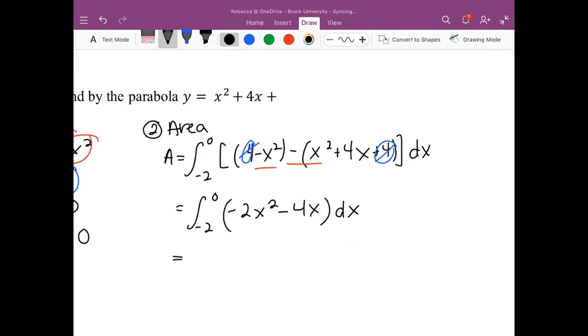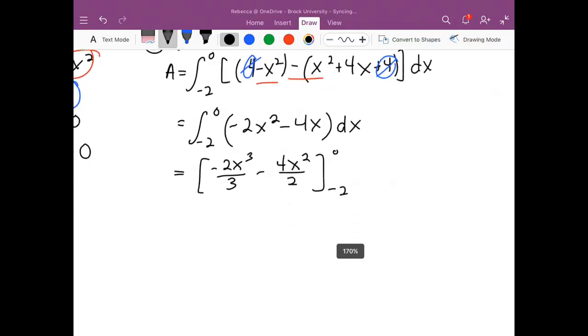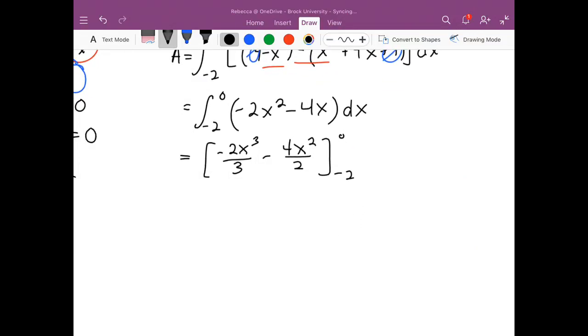Okay, so if I integrate that, I end up with negative 2x cubed over 3 minus 4x squared over 2. And you know I like to always simplify as much as possible before trying to substitute any numbers in. So this first term can't simplify. The second term, 4 divided by 2 is 2, which gets rid of one of the fractions, which makes it a little bit easier.